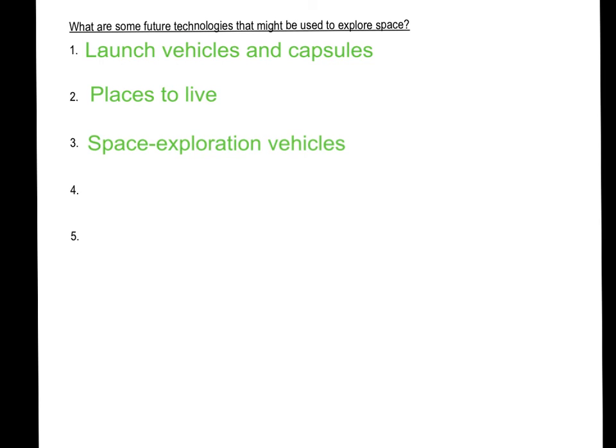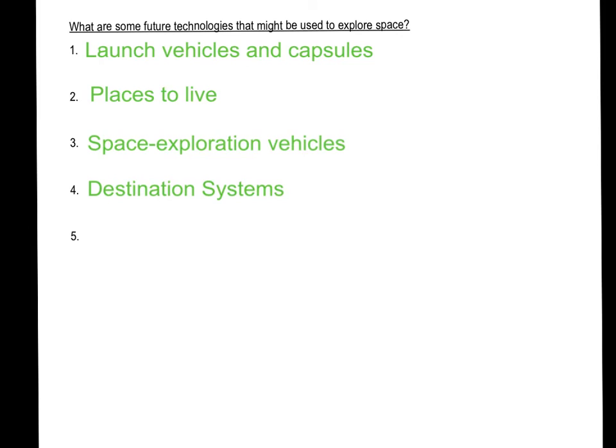The fourth one, destination systems. Destination systems are for allowing astronauts to stay really far away from Earth and to have enough resources, that they have enough food, enough water, enough energy and oxygen in order to survive for a long period of time.